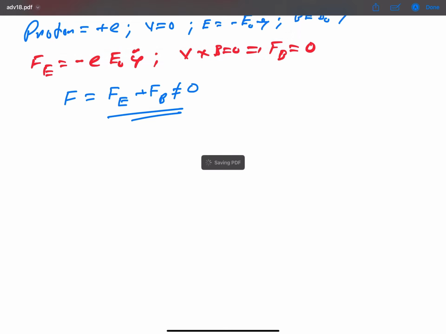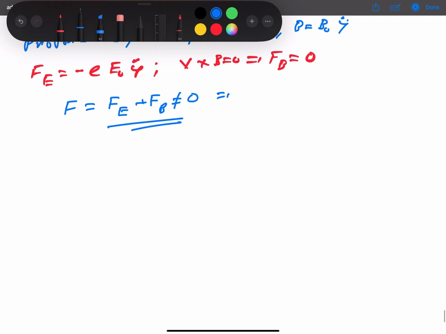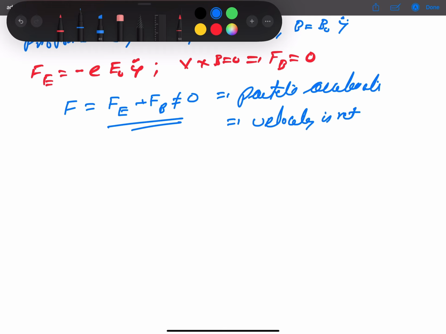Therefore the particle accelerates, and the velocity is not constant.